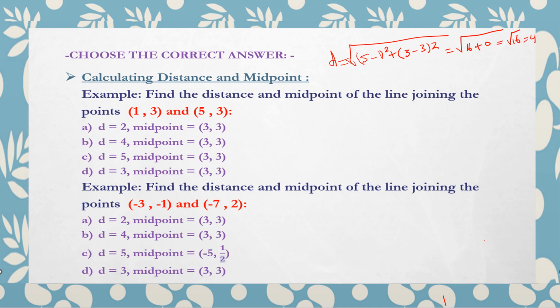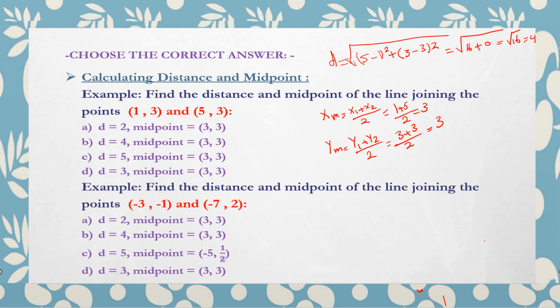and the square root of 16 equals 4. And for the midpoint, xm equals (x1 plus x2) over 2, and this equals (1 plus 5) over 2, which equals 3, and ym equals (y1 plus y2) over 2, and this equals (3 plus 3) over 2, which equals 3.